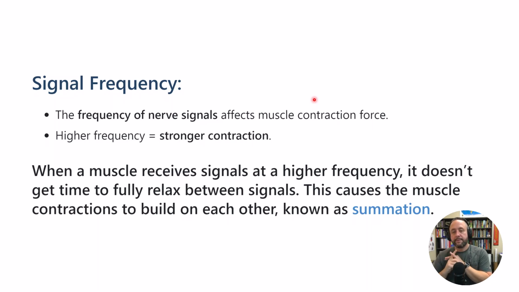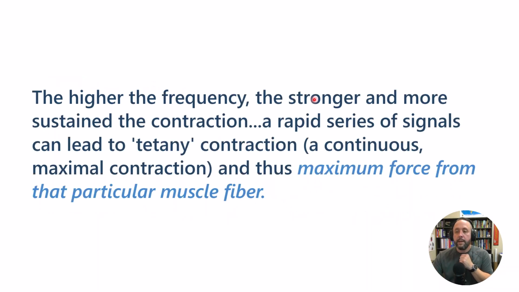So increased frequency doesn't give the muscle cell or the sarcomere a chance to relax, and so it stays contracted. And the faster that happens, the less time the myosin and actin, those tiny parts, have to relax and reset, or for ions to be pumped in and out. Summation: the higher the frequency, the stronger and more sustained the contraction.